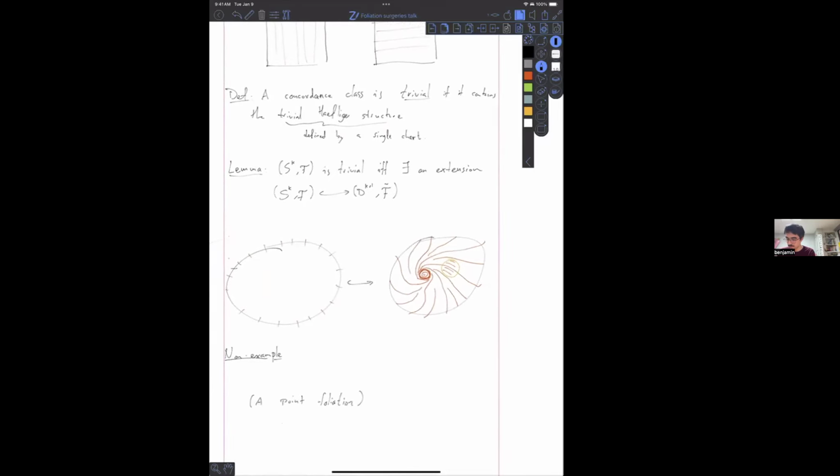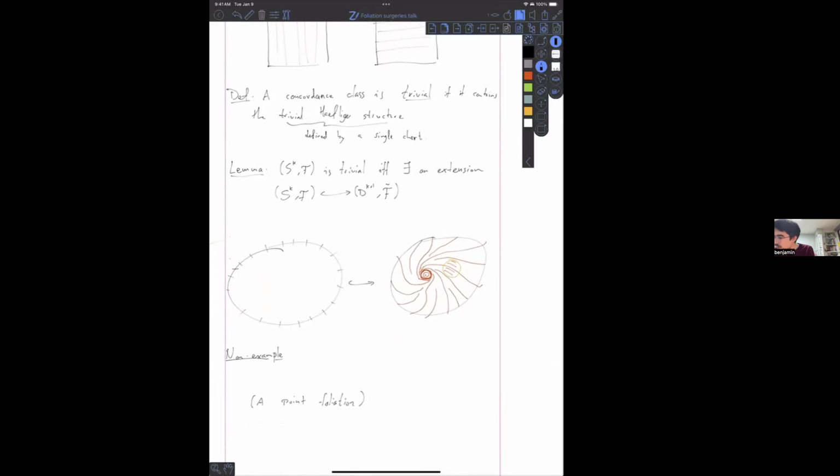And you can show the converse. A non-example: if we take S2, F sub S2. S2 is a smooth manifold. We can think of its coordinate charts as the charts of a Haefliger structure.